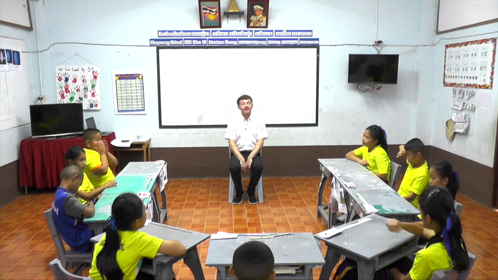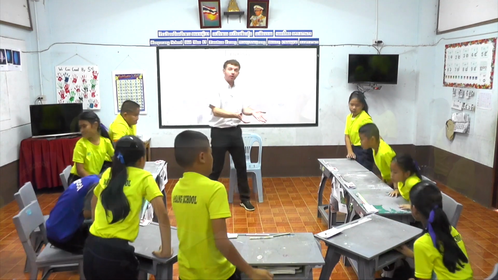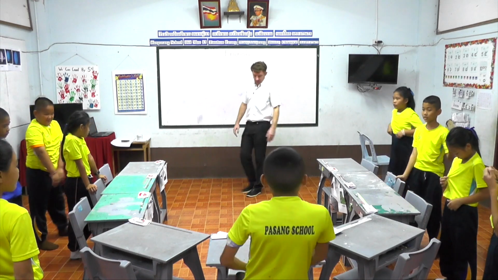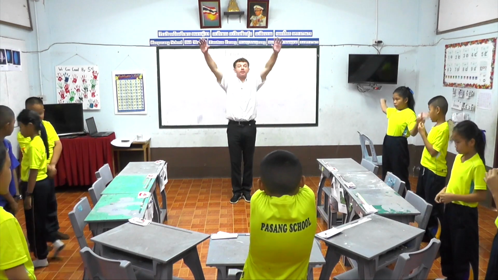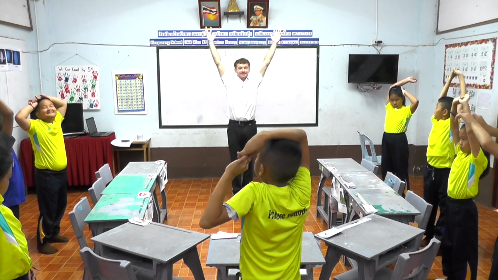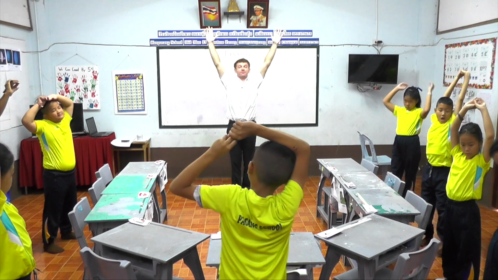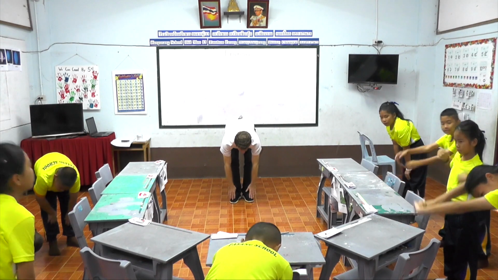Excellent. Next, we'll do our stretch sequence. Let's stand up and push in our chairs. We'll begin by stretching up high to the sky. And then let's go down low. Touch our toes.